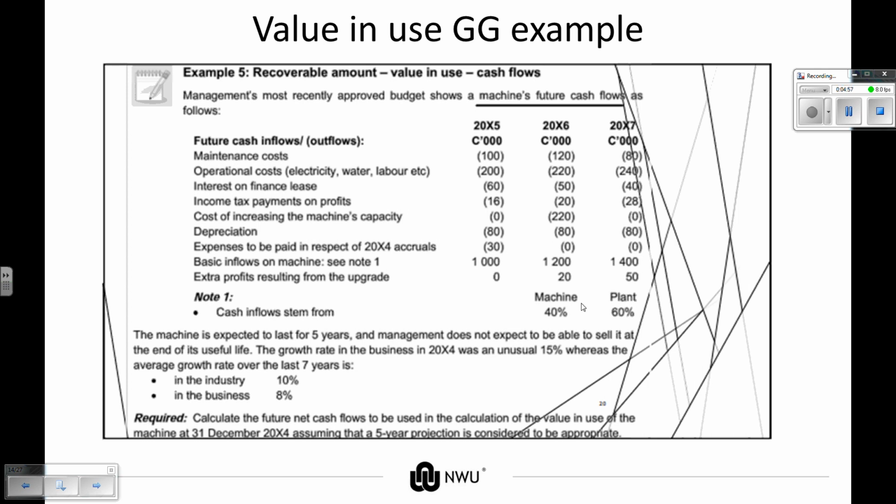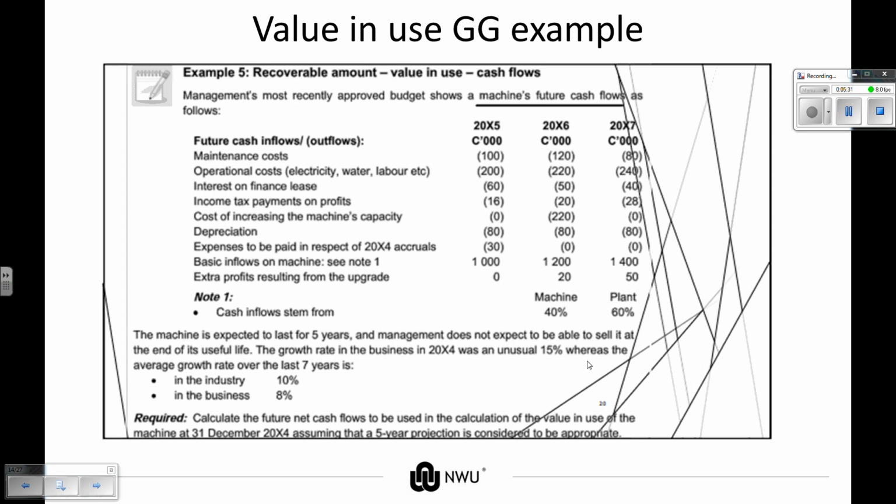They've said that the machine is expected to last for 5 years, assuming a 5-year projection is considered to be appropriate. So it is important to remember that we have our most recent approved budget for 3 years, but for the years 2008 and 2009, we will have to include a growth rate. They say the current year growth rate is 15%.